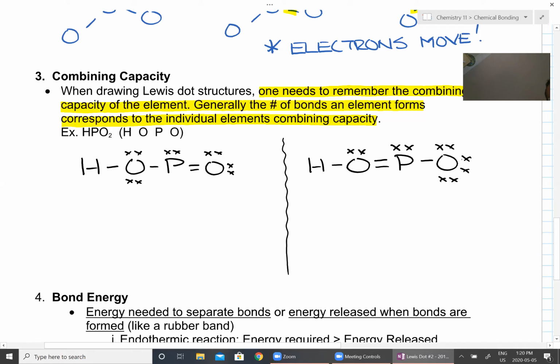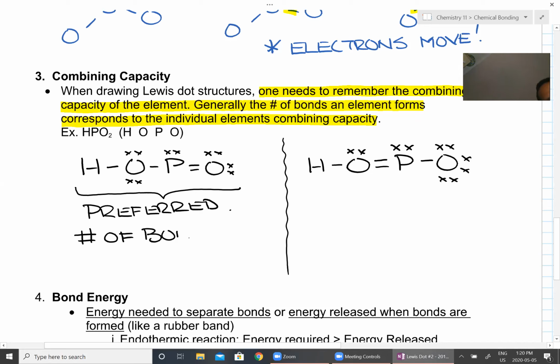But why would this one be preferred? And the reason being is the number of bonds on oxygen equal the charge or combining capacity of oxygen.